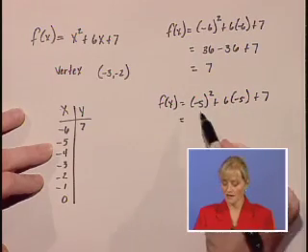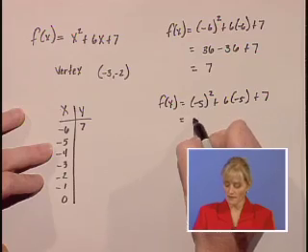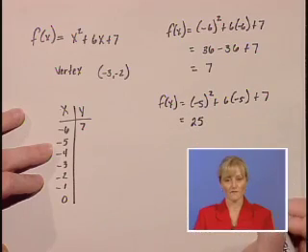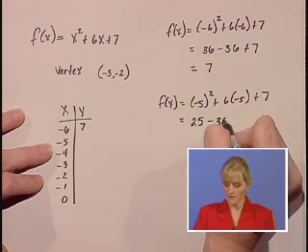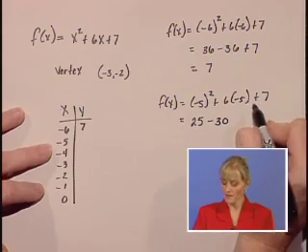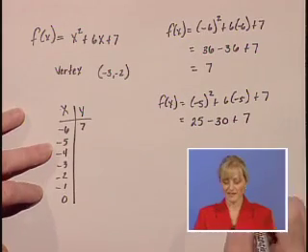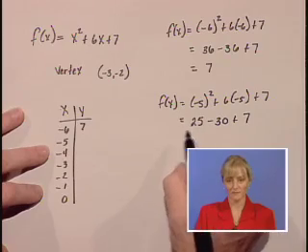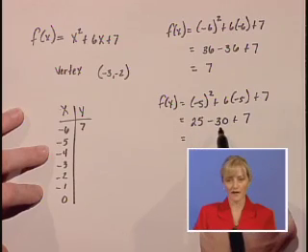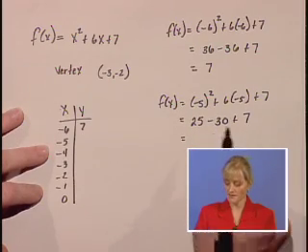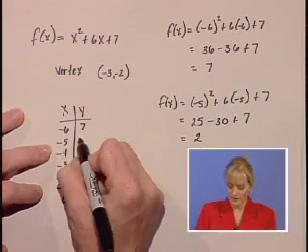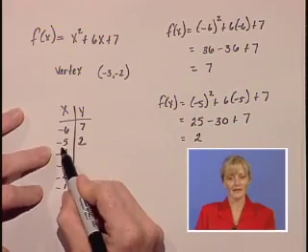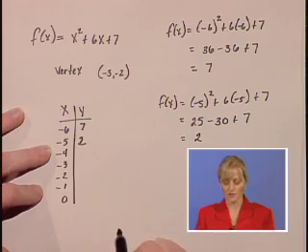Simplifying the right-hand side, negative 5 squared is positive 25. 6 times a negative 5 is a minus 30 plus 7. Let's simplify again. 25 minus 30 is negative 5, plus 7 is a positive 2. So let's place this value in our table. When x is negative 5, the y value is 2.